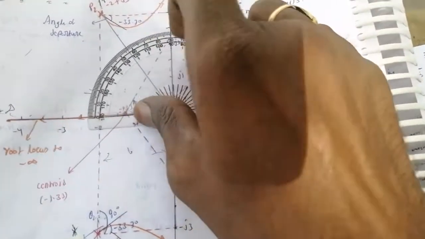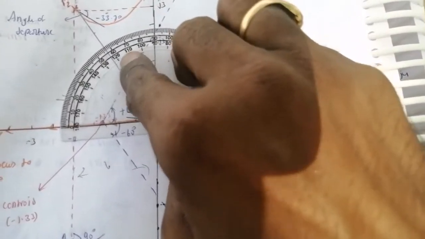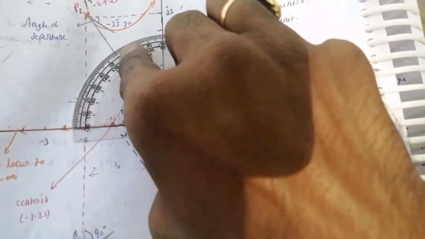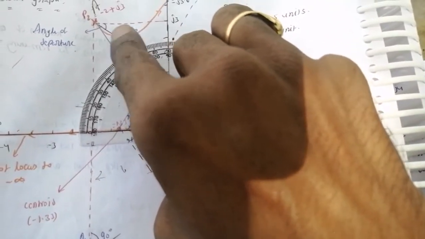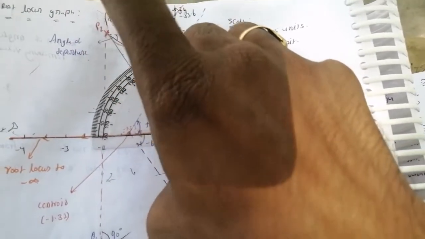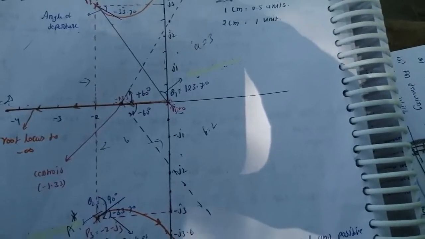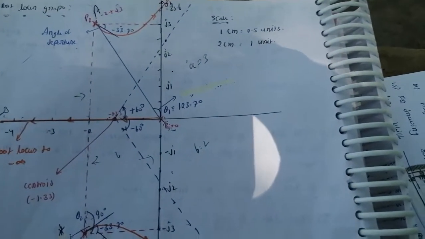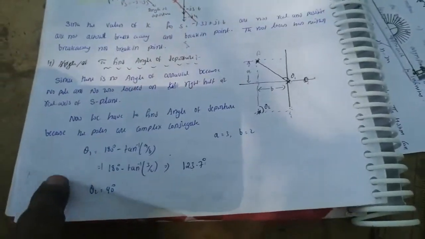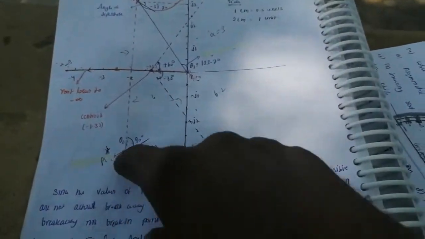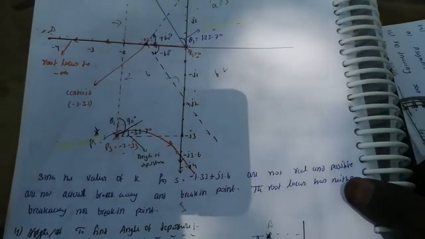So it should be 123, right? This is the 120 line, 121, 122, 123. So at the exact position of 123.7 we got the line here. You have to check that value, otherwise your graph will not come out properly. And theta 2 we already know is completely 90 degrees. Why? Because this axis is vertical.